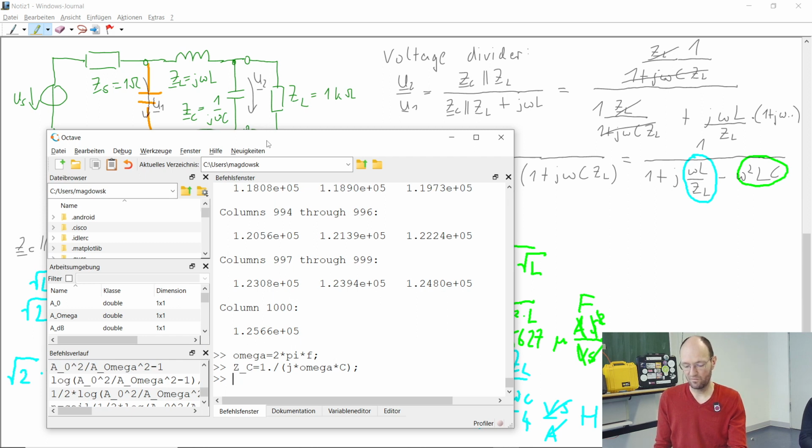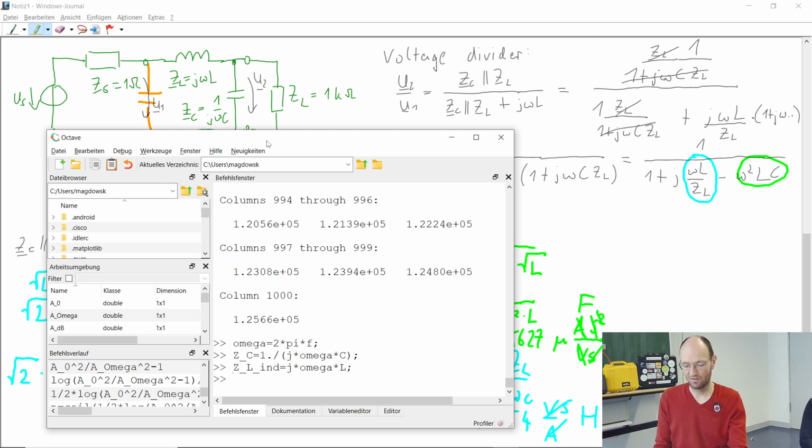ZL we already have, and the ZL of the inductor is j times omega times L. Okay, and so then we can write down our transfer function there, output voltage to input voltage.